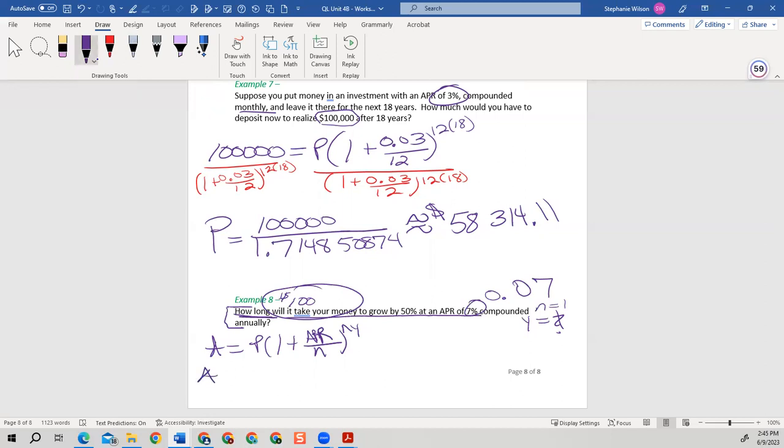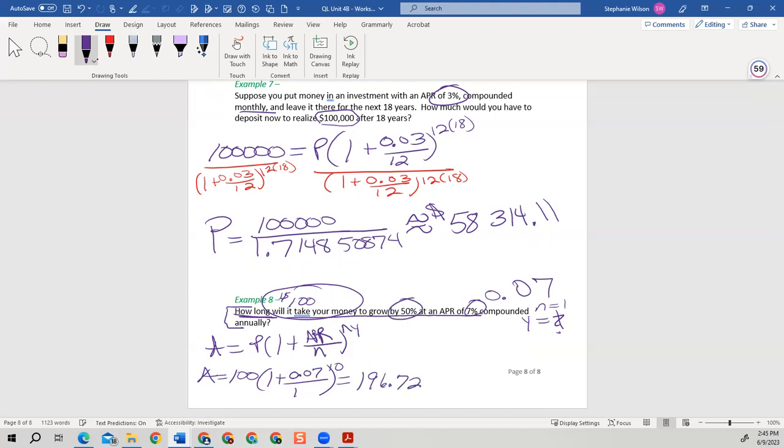So I'm going to say, okay, I got A equals 100 times 1 plus the APR, which is 0.07, divided by 1 because it's compounded once. So if I said in 10 years, how much money would I get? Well, we'll get 196.72.